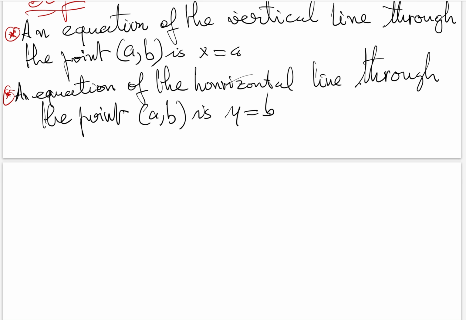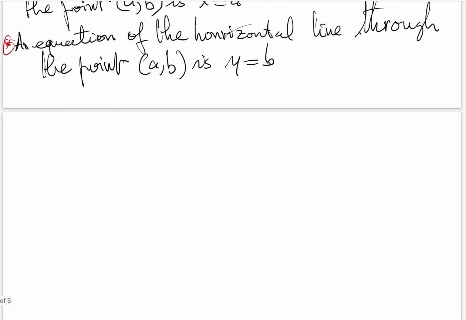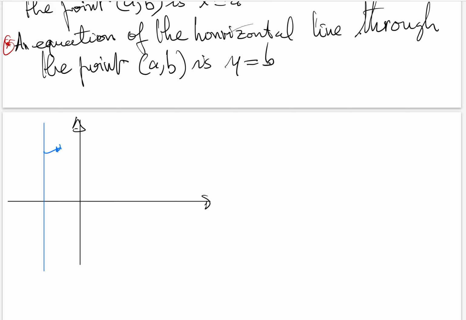So let's graph first the equation of the vertical line. It will look like this. Here is the equation of the vertical line, x, for example, is equal to -3.